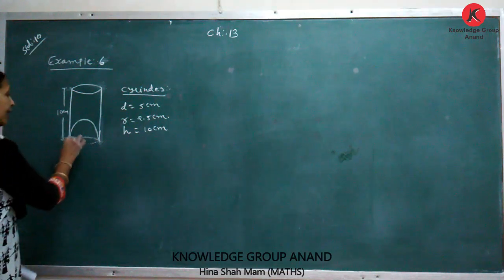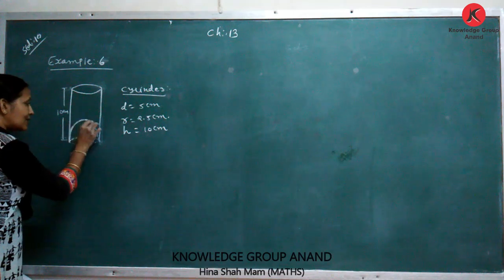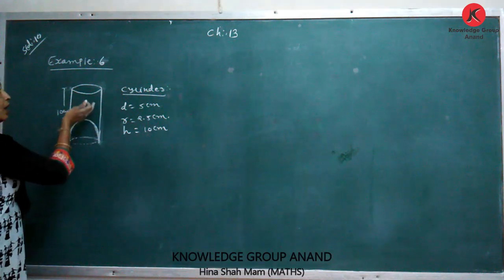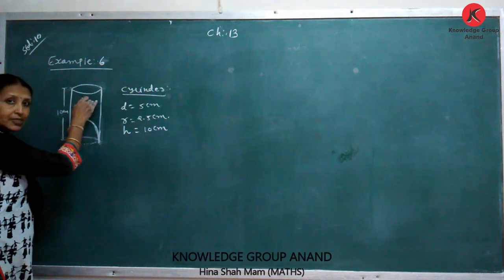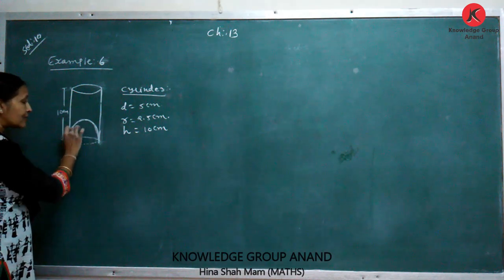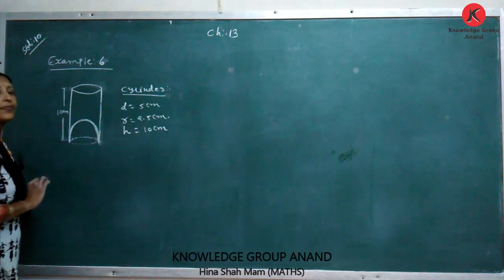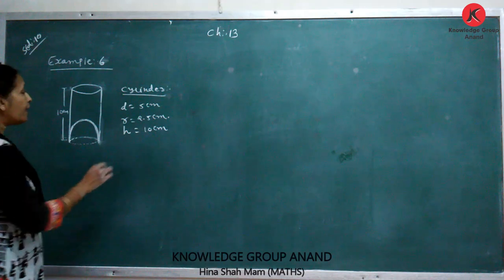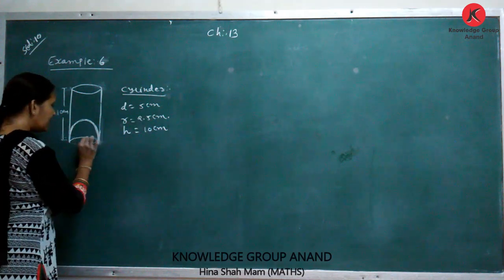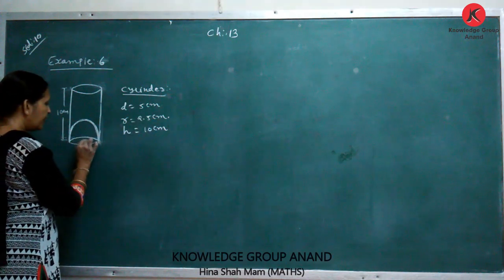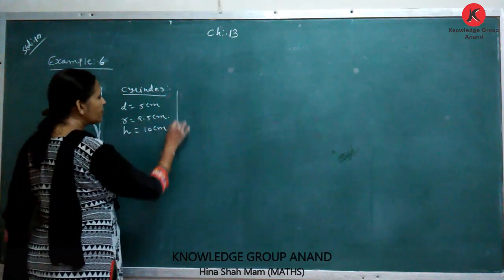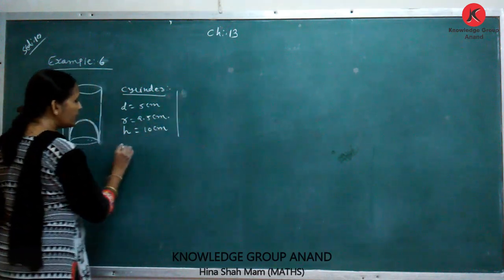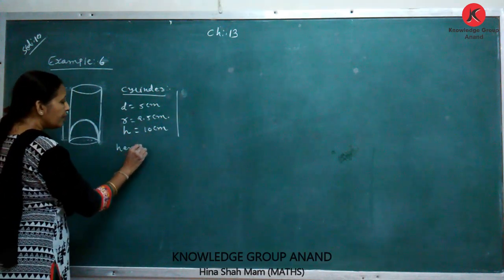And apparent capacity is equal to volume of cylinder minus volume of hemisphere. For the hemisphere, radius is equal to 2.5 cm.